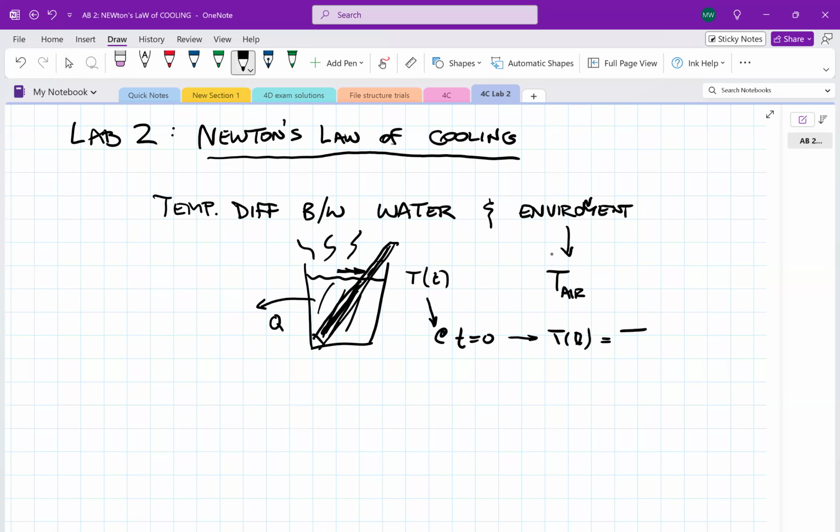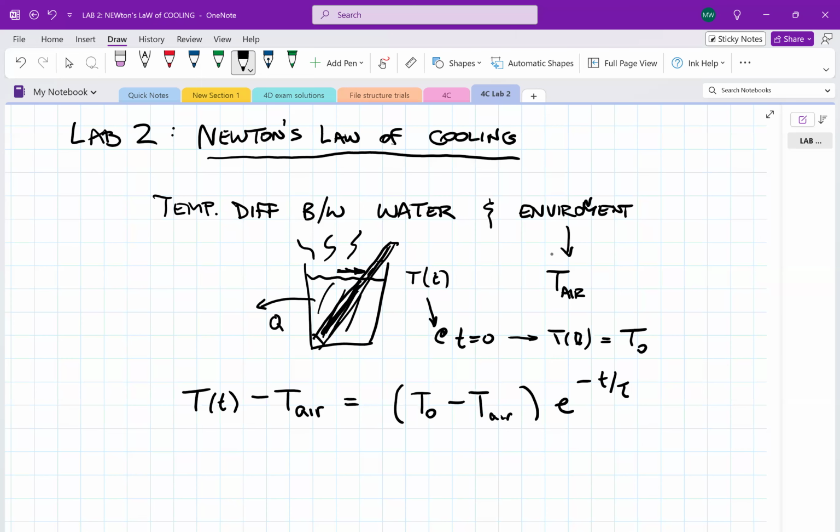T of zero, we're going to call T naught. And Newton's law tells us that the temperature of the water minus the air temperature is equal to the temperature we started at minus the air temperature, times e to the minus t over tau, where tau is a typical time constant.